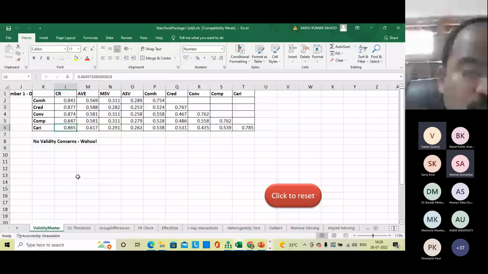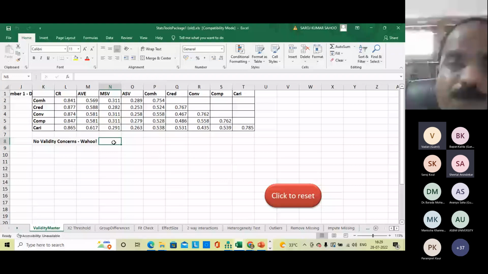So the second criteria of convergent validity is also proven. Both criteria of convergent validity are proven. All of you clear now? Any doubt till now?